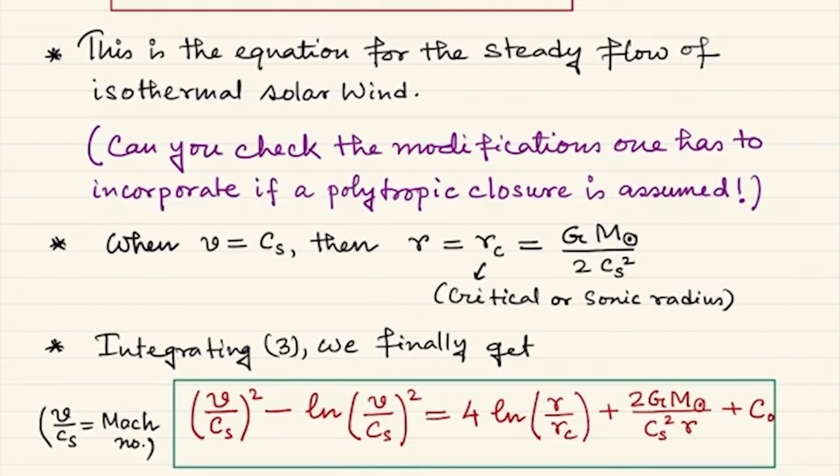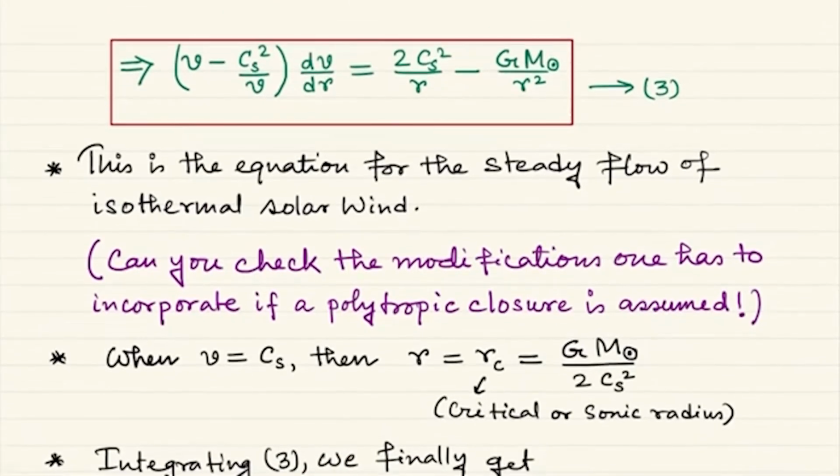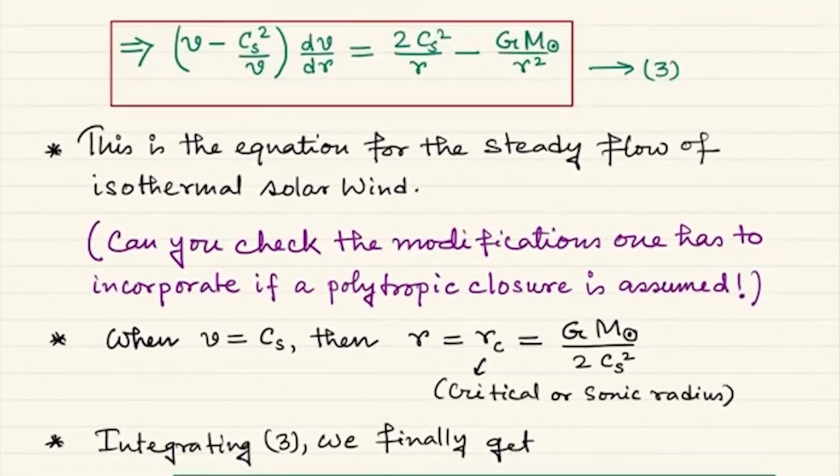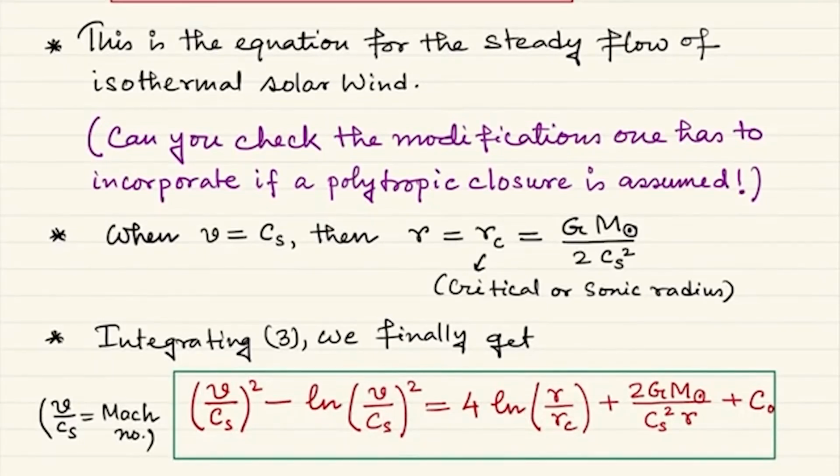Now finally, you have this relation, but how to solve it? You have to just integrate to find V. In the final equation, V will be a function of R, and that's what we have to find. If you do that correctly, one bonus is that Cs is a constant.